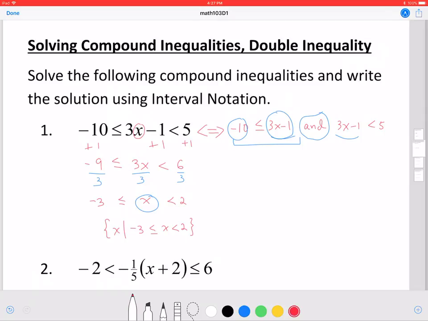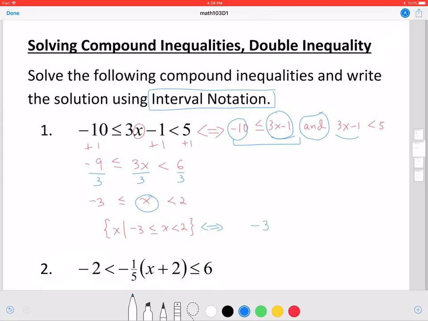This is what we call set notation, but what I want you to get used to is what is called interval notation. Interval notation just tells you the first number and the last number, the beginning and the end. So this set is equivalent to this interval notation.